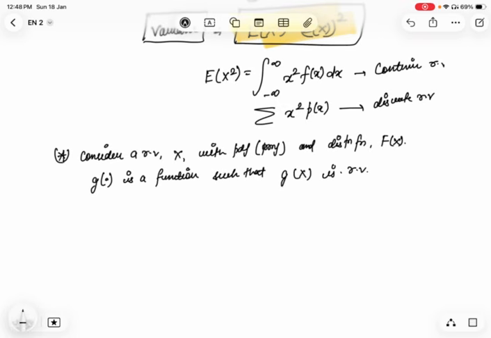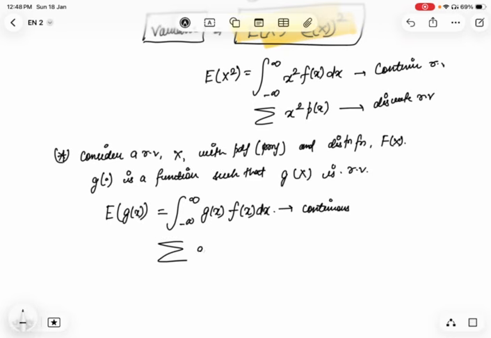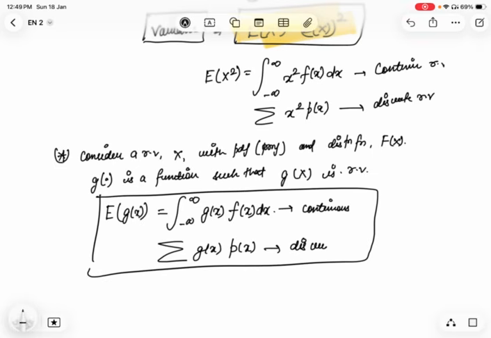So g is a function such that when you put x in, g(x) is also a random variable. Then the expectation of g(x) is the integral of g(x) f(x) dx for continuous, and the sum of g(x) p(x) for discrete. This is another important concept. Okay.